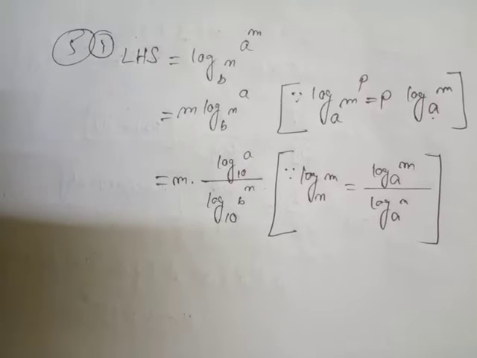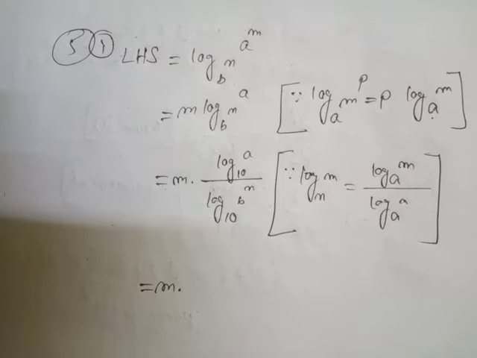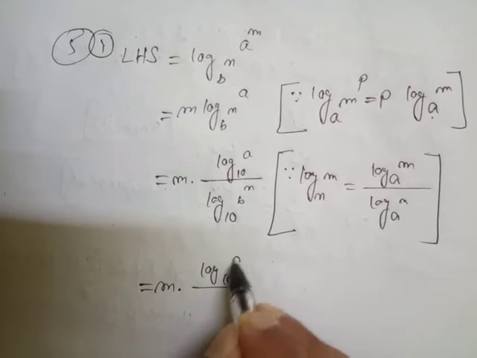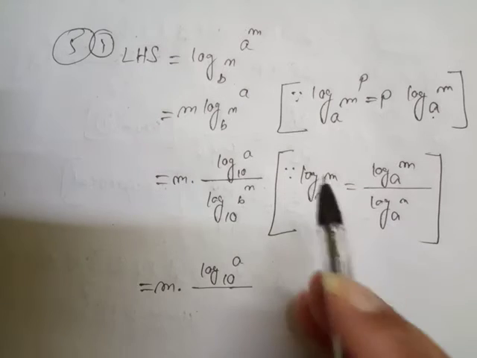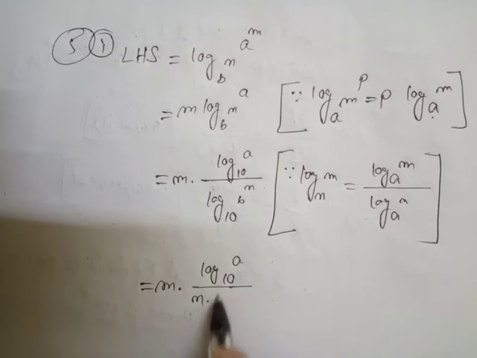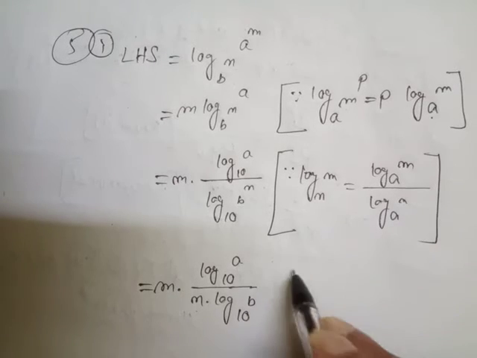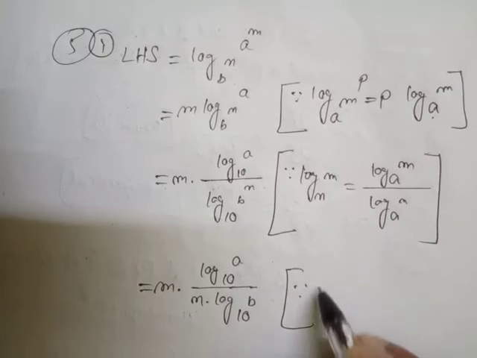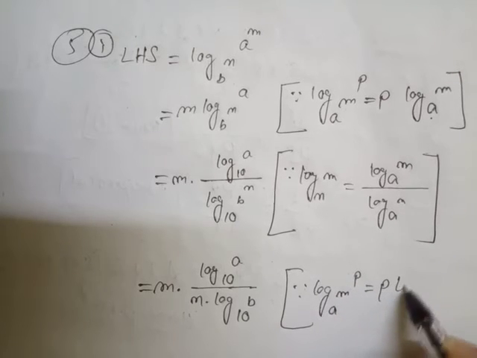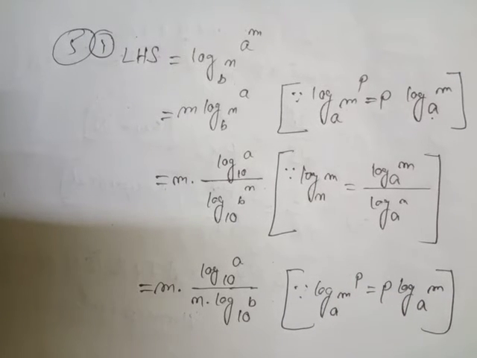Next, m times log base 10 of a, and below it log base 10 of b^n. So here n into log base 10 of b. Using the formula again, since log base a of m^p is p times log base a of m, p comes out here.